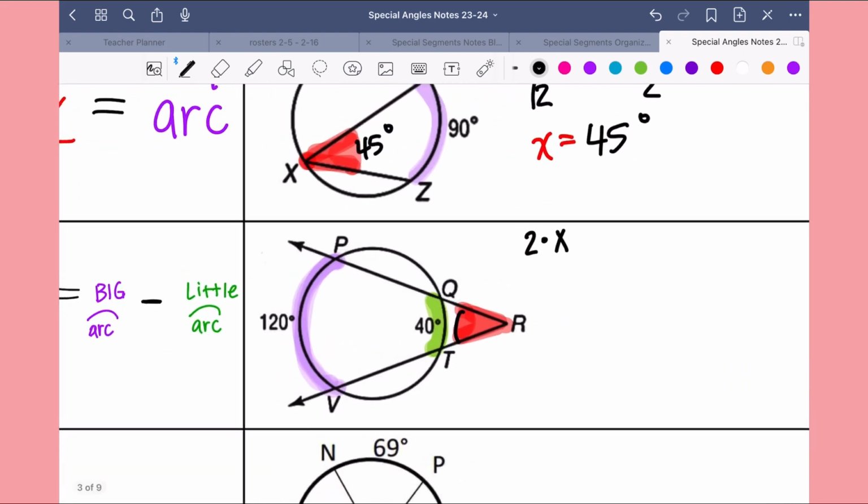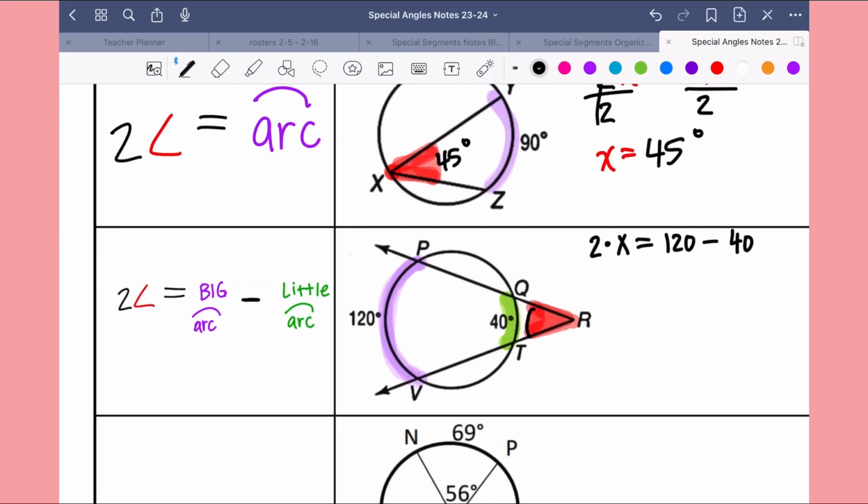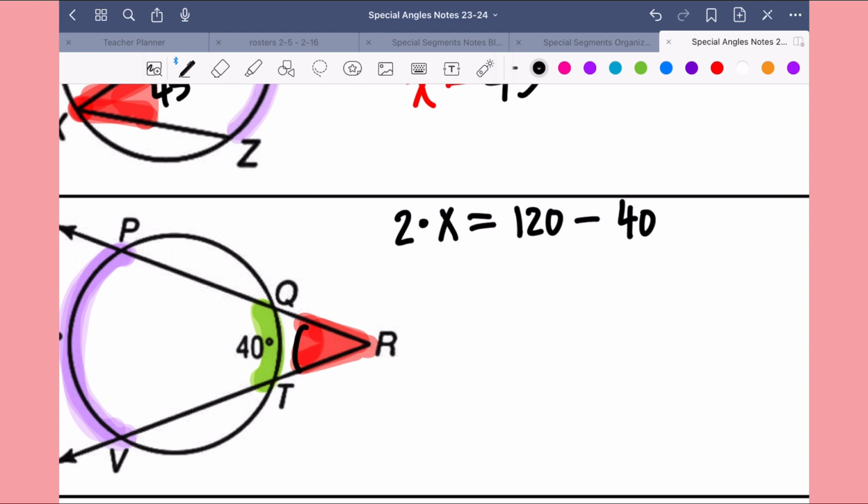2 times x equals your big arc in the purple, 120, minus your little arc, which is 40 degrees. Again, I'm just following the formula. That's why I use the colors, so I know exactly where each part goes. Now we just solve for x, which is our angle. 2 times x is 2x. 120 minus 40 is 80.